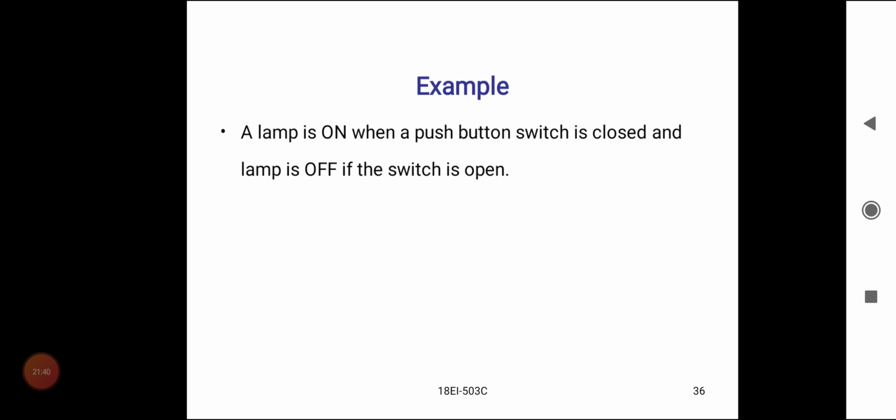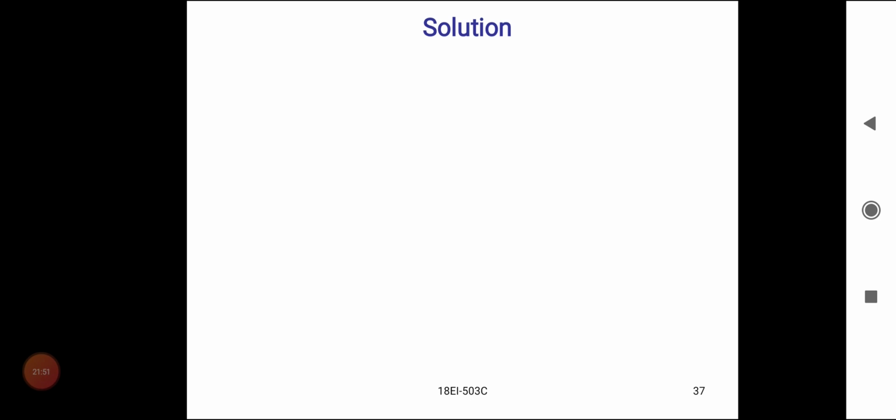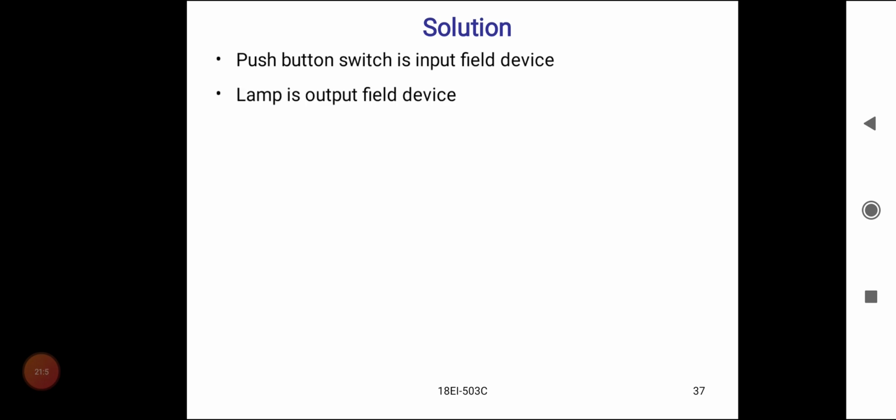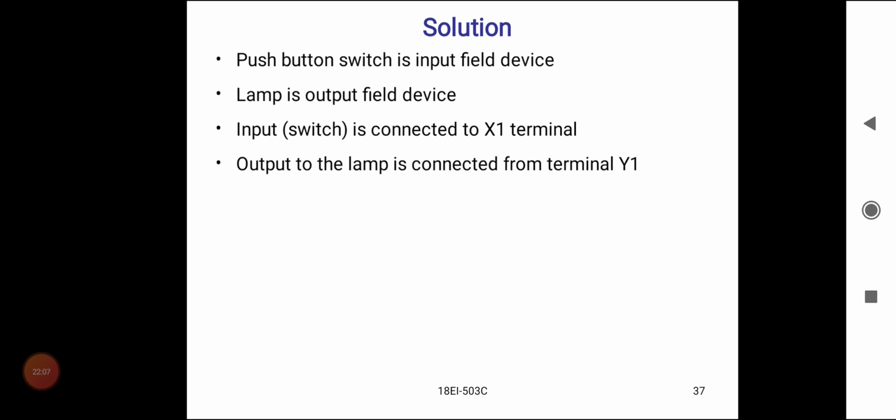Example: a lamp is on when the push button switch is closed and the lamp is off if the switch is open. Solution: push button switch is the input field device, lamp is the output field device. Input switch is connected to the X1 terminal. Output to the lamp is connected from terminal Y1.